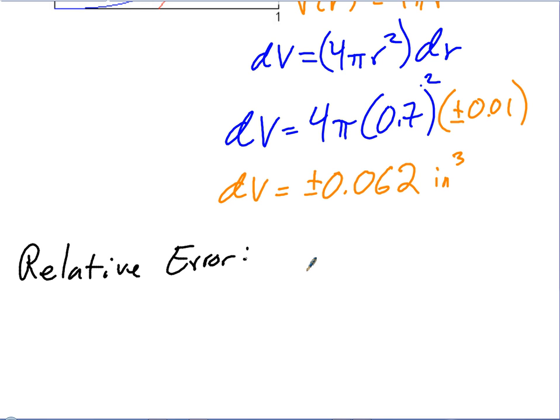Relative error, in the example of the volume stuff we're working with, would equal dV divided by V. That's all we have to do, right? We're just going to divide the differential propagated error calculation by the actual volume, and then we'll get some idea if it's really any good, right?